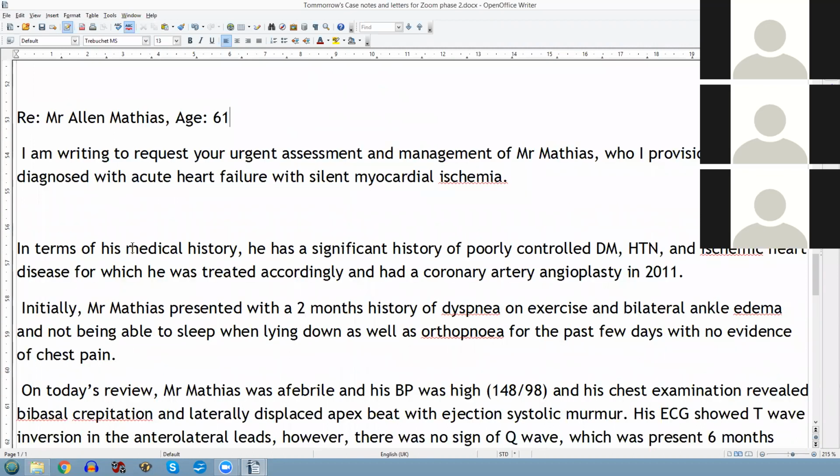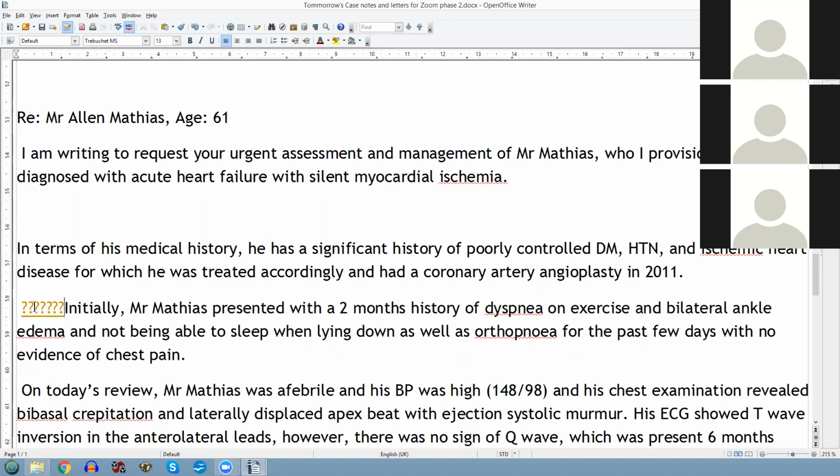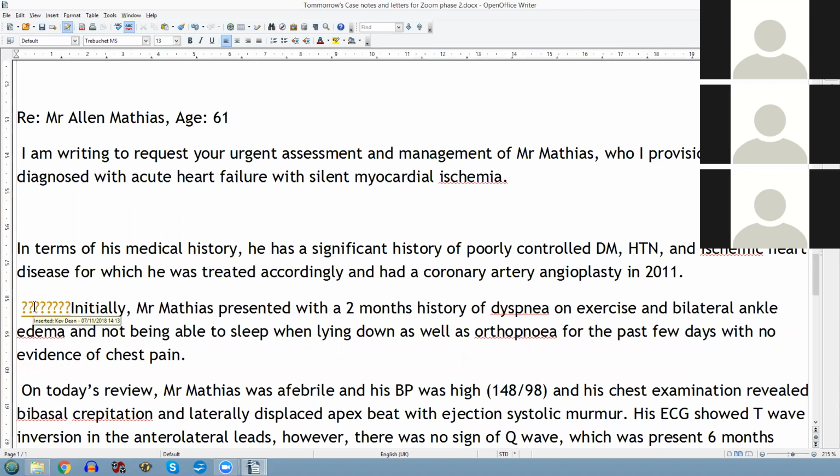In terms of medical history, okay, now I would maybe mention the date of when he presented. I don't know if those case notes give you a date. Those case notes were not very good, but we have to work with what we have got.